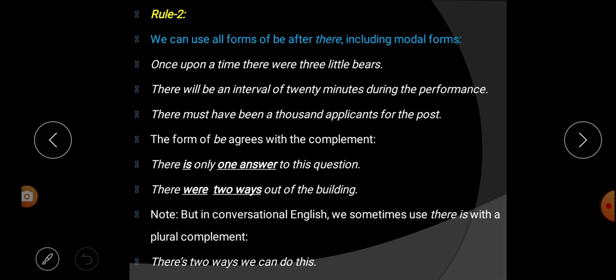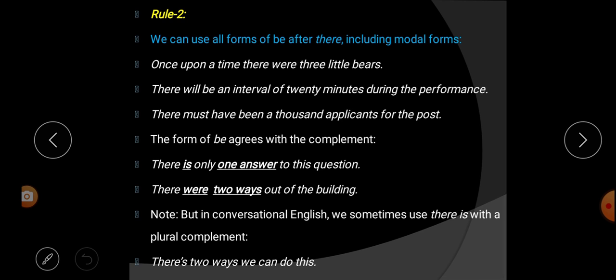Look at the example below. There is two ways we can do this. Two ways. It is plural, isn't it? But look at the be verb. It is singular. So in conversational English, we sometimes use there is with a plural complement.